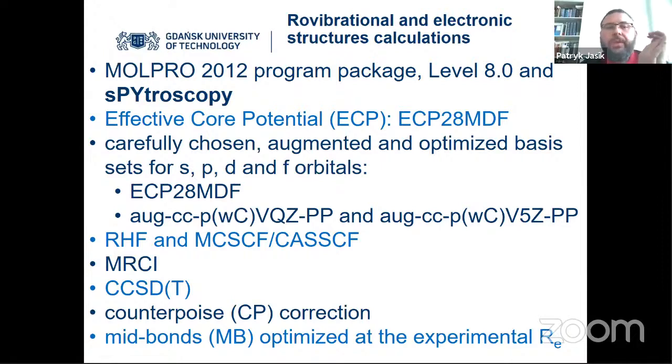To do this, we used the MolPro program package and our new program, spectroscopy.